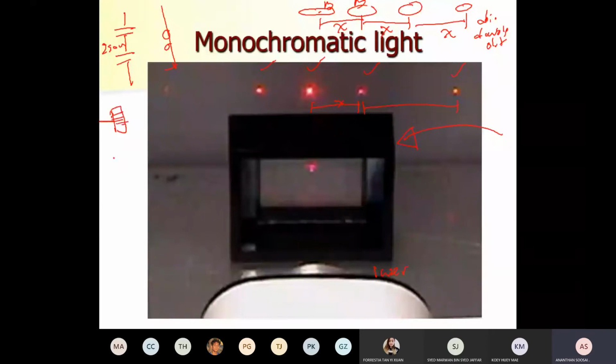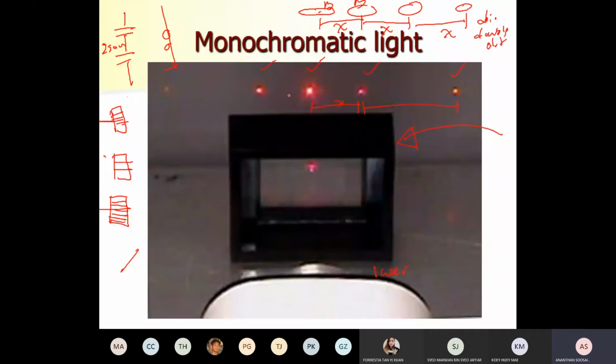Think of your house window with only 2 openings for the sunlight to come in, that's the double slit. A diffraction grating is like a door with thousands of openings, thousands of gaps. So the light is going to be brighter. That's why the diffraction grating image is brighter. The reason is the number of sources is much greater compared to the double slit, which has only 2 sources.